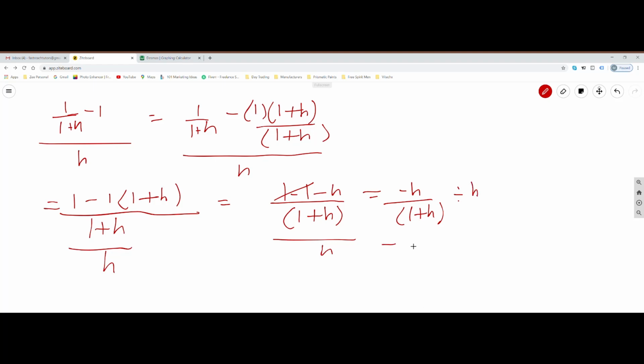You would multiply by its reciprocal, so 1 over h. So the h's cancel and you're left with negative 1 over 1 plus h. So that's the answer for that one.